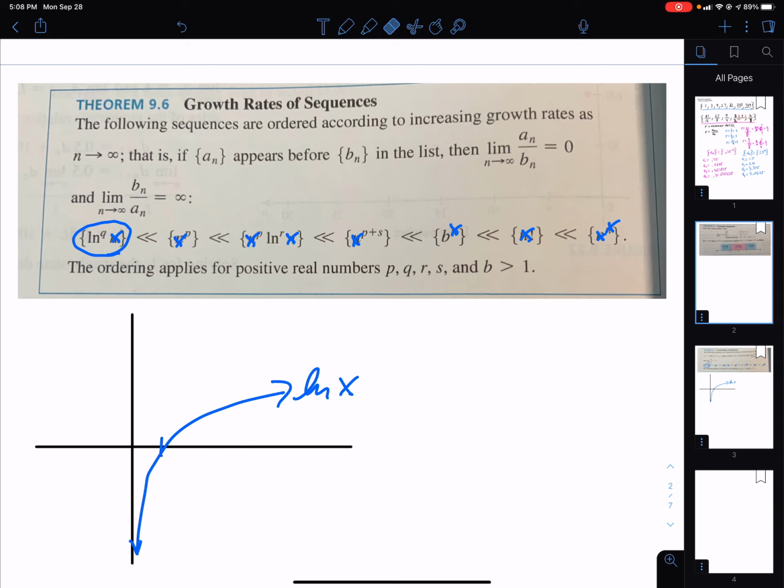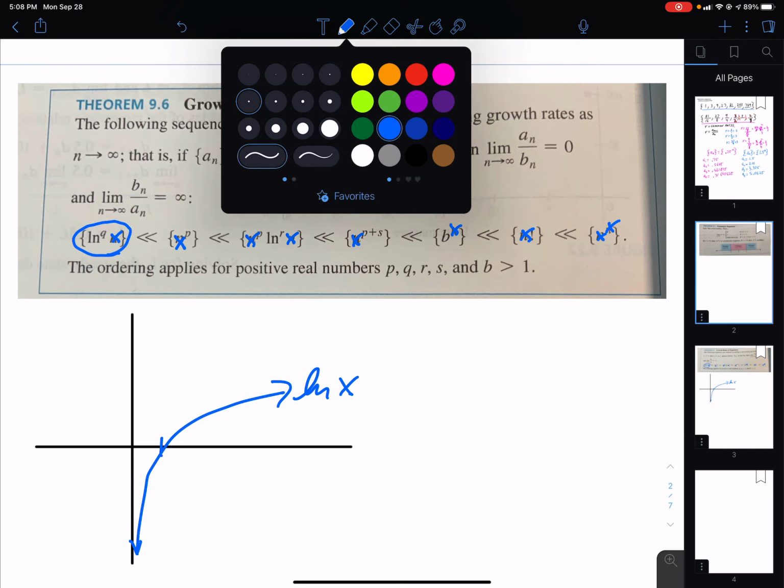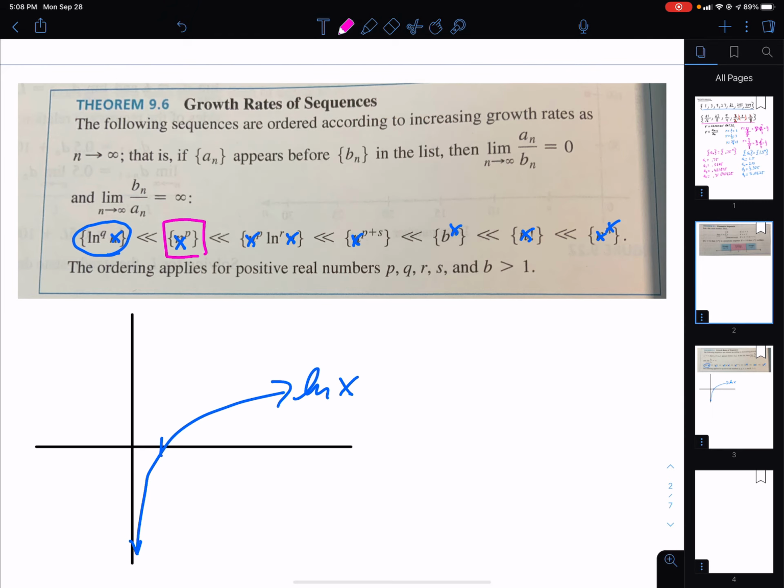The next one, which I made a mess out of, which is x to the p power, that's just like a polynomial, x squared, x cubed. So the example for that I will do in a different color for you. Here's an example of x to the p, and that's y equals x to the first.